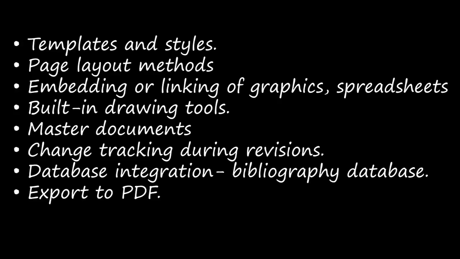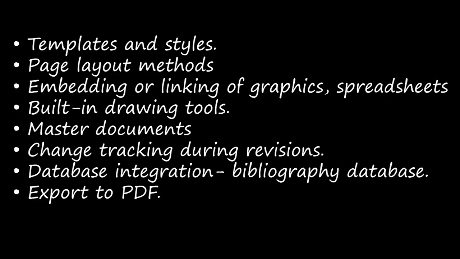Database integration including a bibliography database too. That means it is a list of the books referred to by a scholar, or if you are doing scholarly work or PhD works and all, some books have to be referred, right? For this also, this OpenOffice Writer has the options, right? And it has the option to export to PDF too.